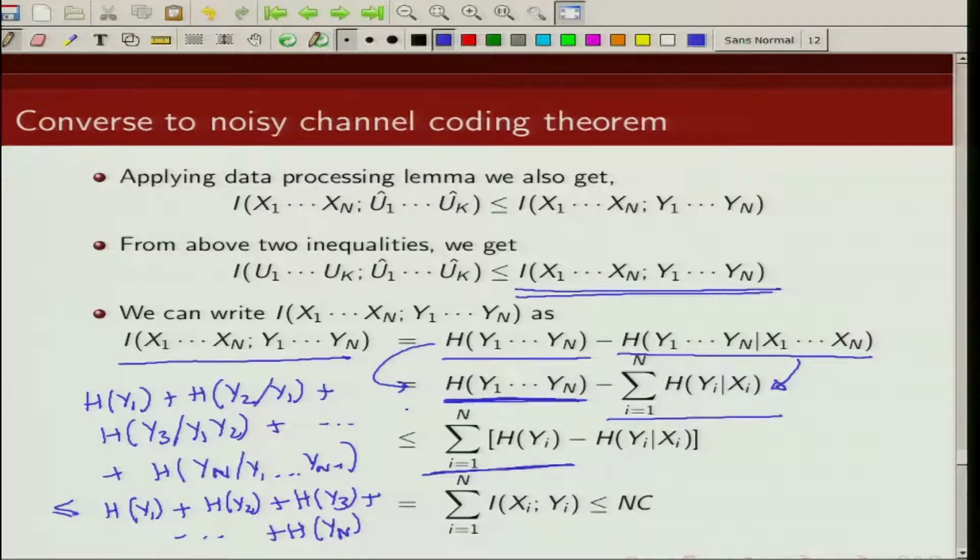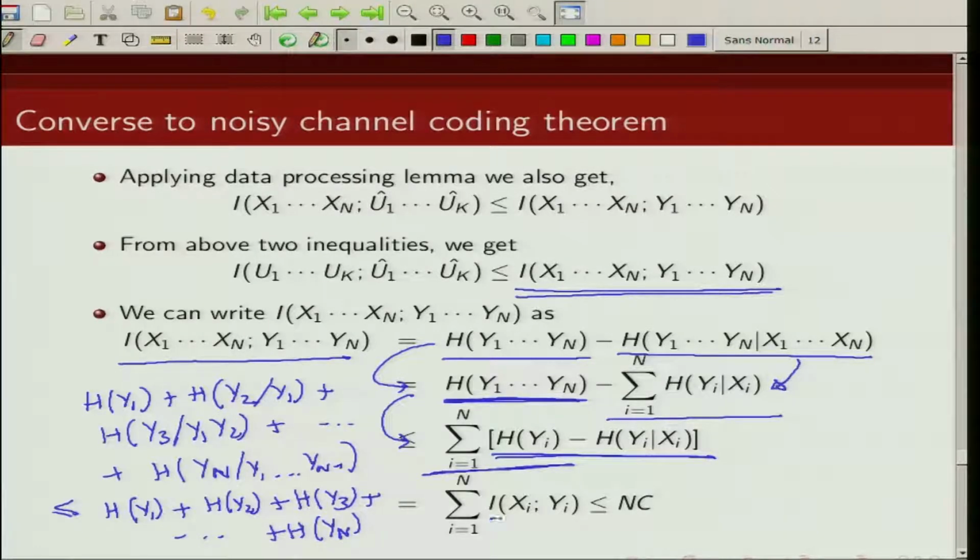So then from here I can write this expression as the summation, i goes from 1 to n, of h of yi minus h of yi given xi. And what is this term? This term is mutual information between xi and yi.